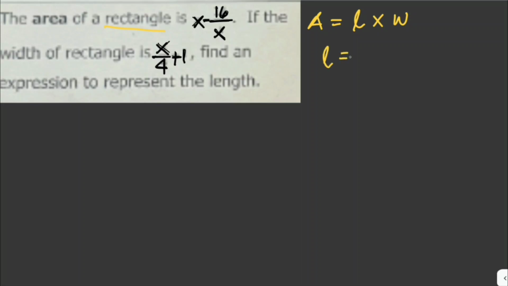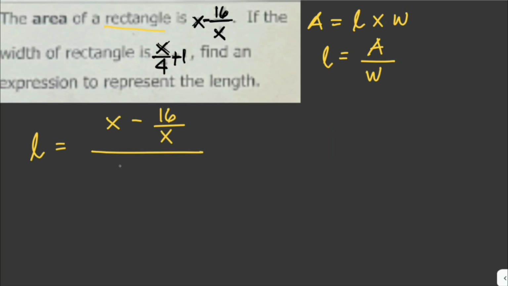So length is just equal to area over width, and now we can plug in the expressions. So length is equal to the area, which is x minus 16 over x, over the width, which is x over 4 plus 1. Then we can simplify both the numerator and denominator.